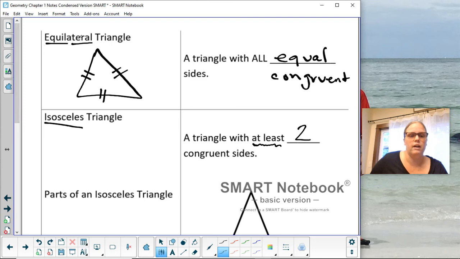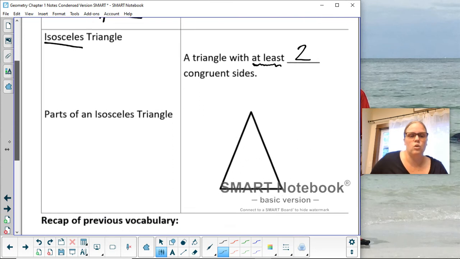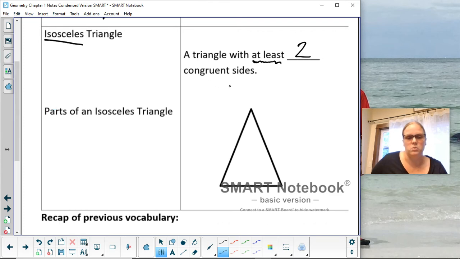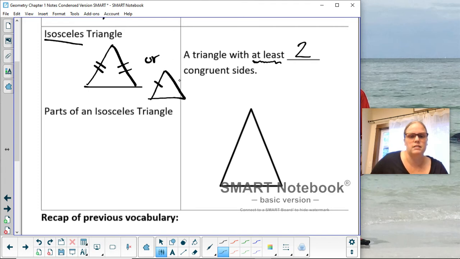So all equilateral triangles are considered isosceles, but they don't have to have 3 equal sides. So I'm just going to draw a quick sketch here, a triangle with 2 sides that are marked equal, but it could also be all 3 sides.